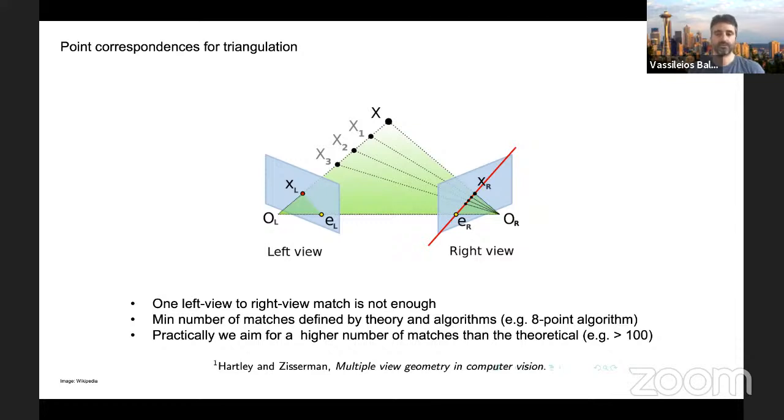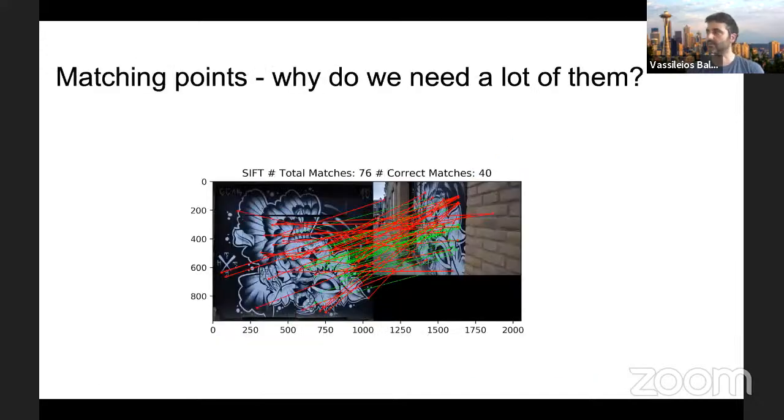Let's assume that we're using a standard algorithm, which is the 8-point algorithm. That means that you need 8 matches to recover poses. But practically, we need many more. And this is visible here, why we need many more matches, because lots of our matches would be wrong, right?